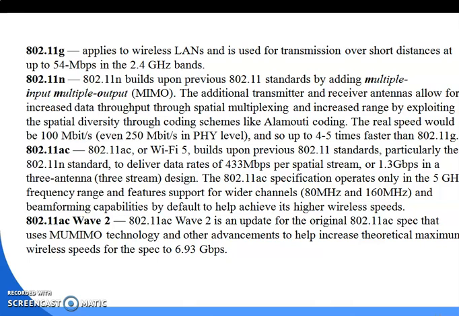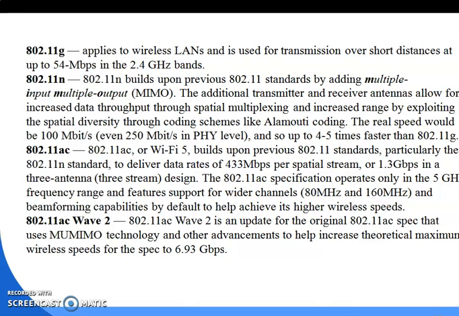Similarly, 802.11ac or Wi-Fi 5 builds upon previous 802.11 standards, particularly the 802.11n standard, to deliver data rates of 433 Mbps per spatial stream, or 1.3 Gbps in a 3-antenna design. 802.11ac Wave 2 is an update for the original 802.11ac spec that uses MIMO technology and other advancements to help increase the theoretical maximum wireless speed to 6.93 Gbps.